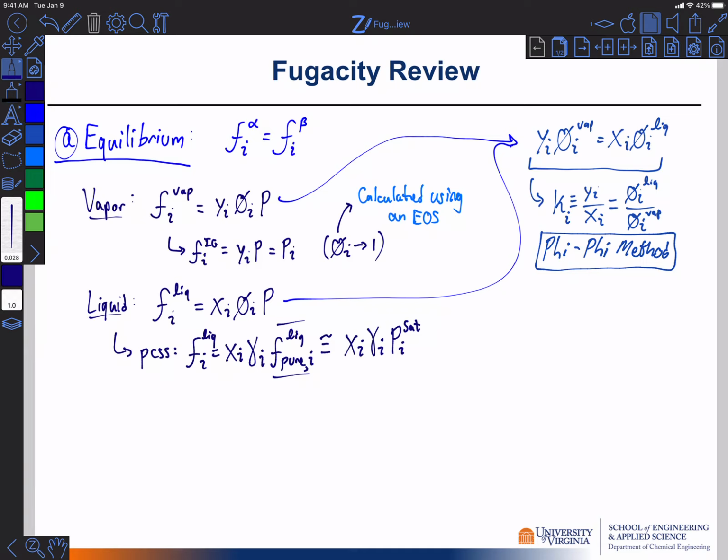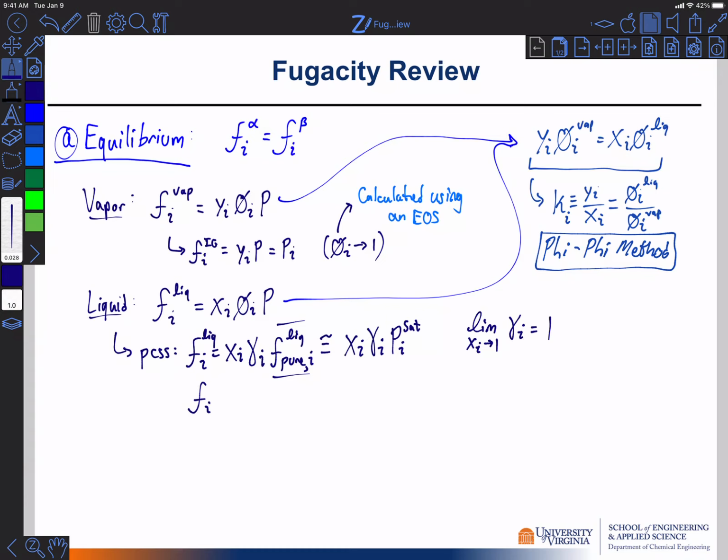But in this case, the pure component standard state gives us an expression for the fugacity, and we said that this pure component standard state is defined such that as the composition of a particular component goes to unity, or as we go to a pure component, then the activity coefficient goes to 1, due to the fact that we know ultimately that pure component systems are by definition ideal liquids or ideal solutions.